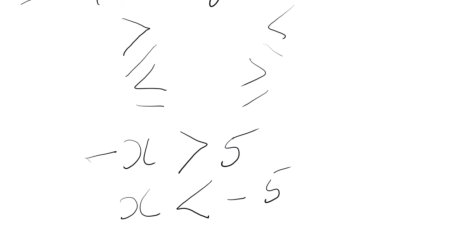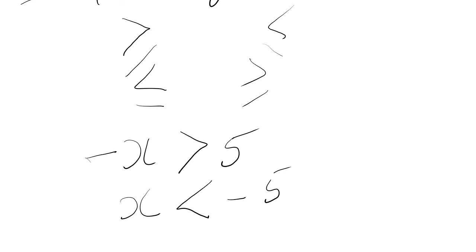Whenever you transpose, that is, transfer one term from one side of the inequality to the other side, the sign changes. Plus becomes minus, minus becomes plus. That same rule applies in simple equations as well as in linear inequations.